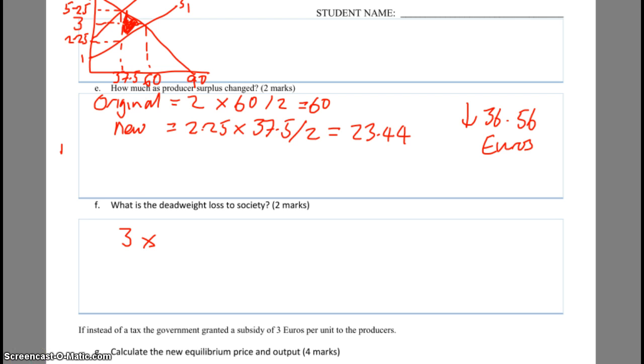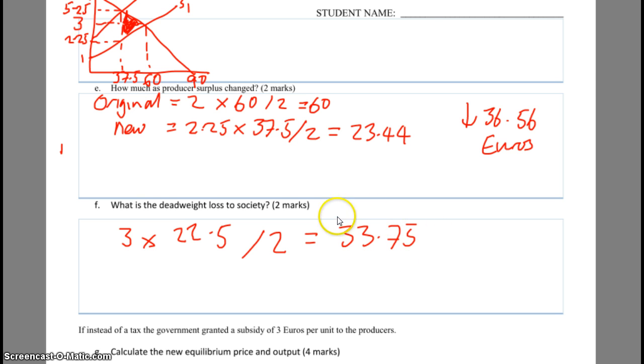My pen's gone wonky, hang on. Okay, so 3 times the difference between 37.5 and 60, which is 22.5, and then we divide that by 2, and that equals 33.75 is the loss to society.